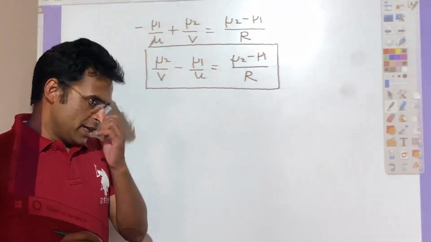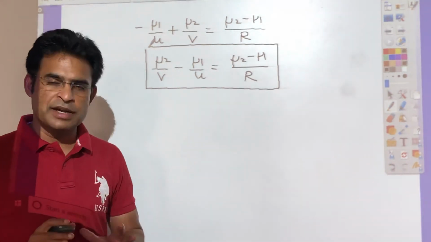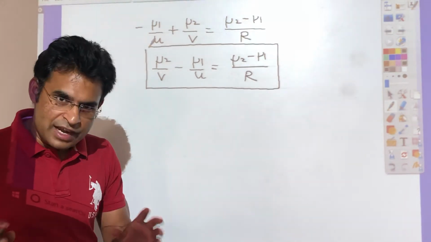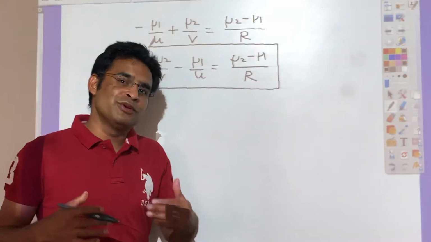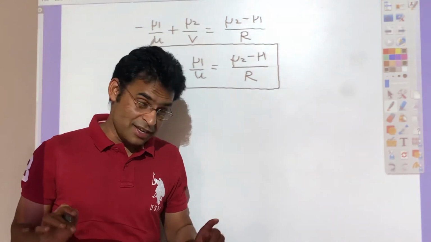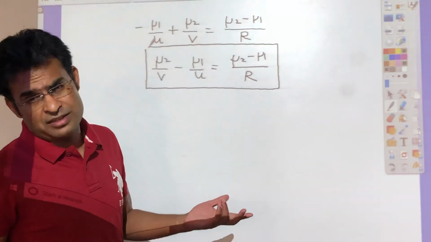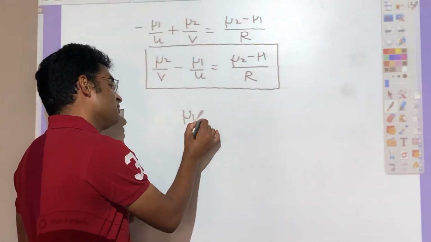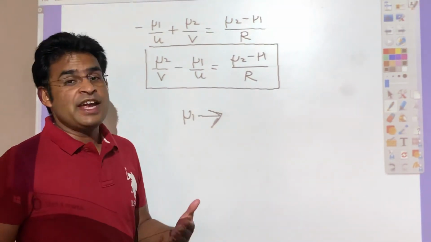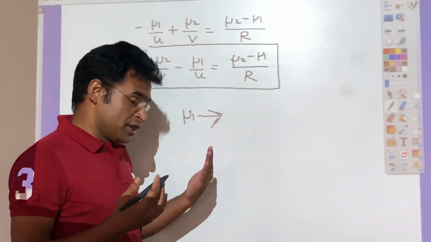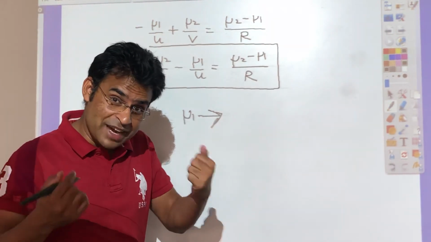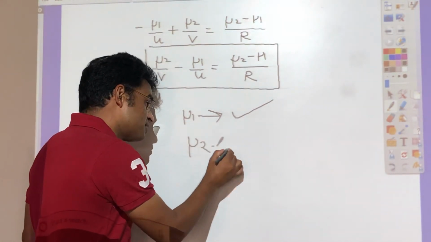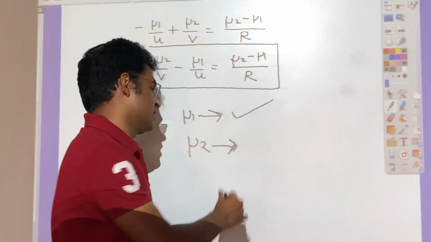But here one thing everybody should remember: mu1 and mu2 can be anything. Right now in this example I am taking mu2 as the denser medium and mu1 as the rarer medium, but either one can be denser or rarer. mu1 is the medium from where the light ray is coming, from where it emerges, and mu2 is the medium in which the light ray enters.